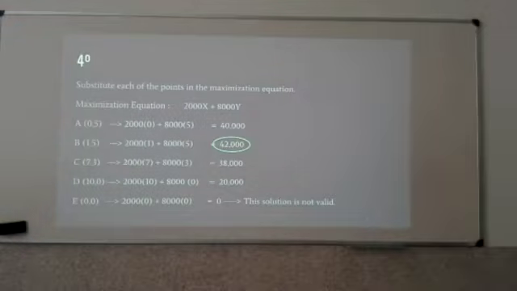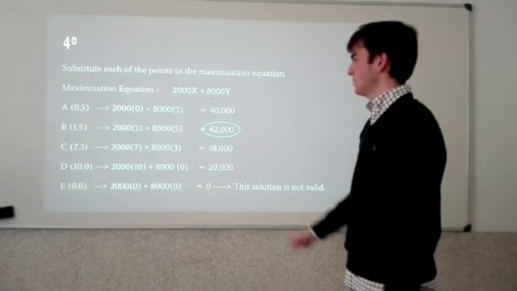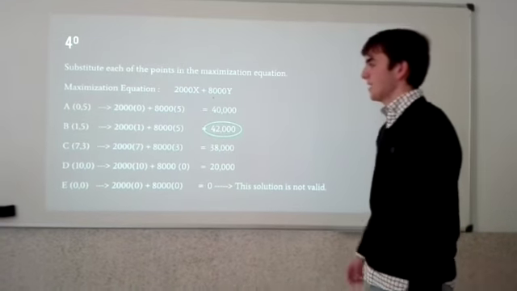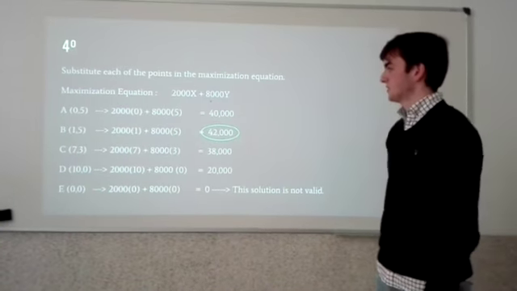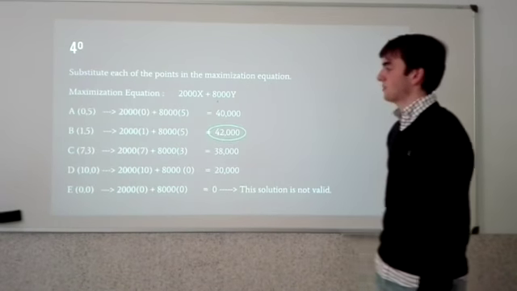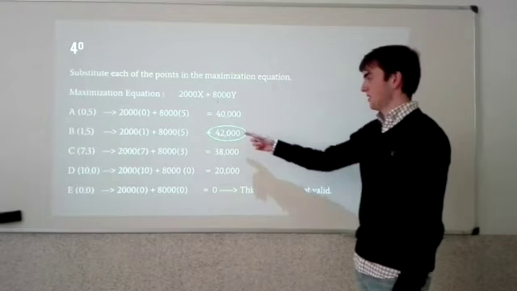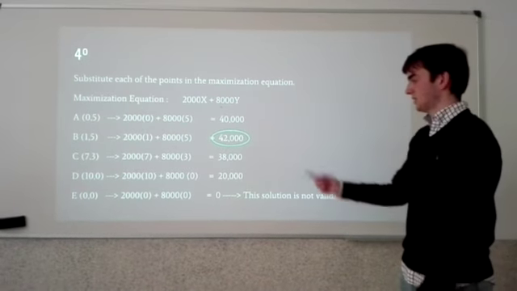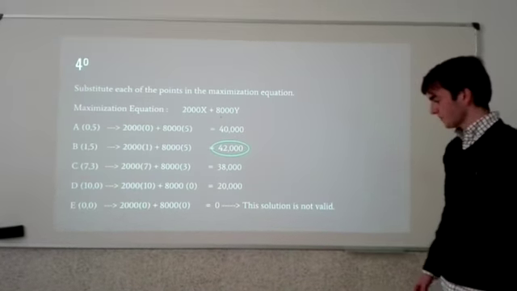Next, please. So the question now is, with which point do we obtain the higher benefit? We can clearly see that with point B, we obtain the highest profit, which is 42,000 euros.